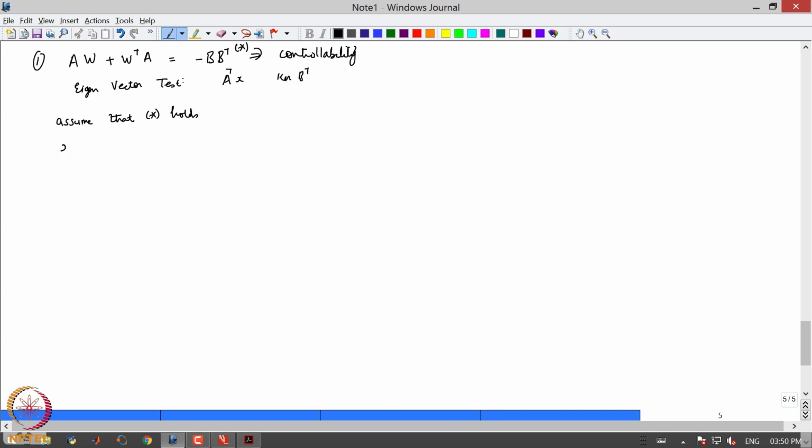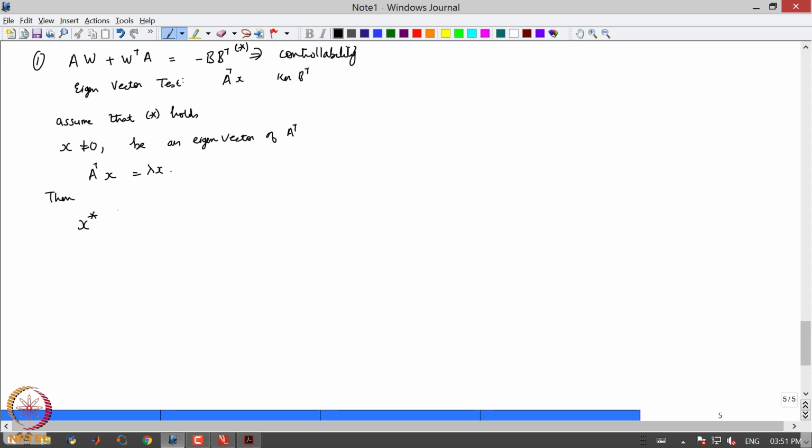Now let x, which is not equal to 0, be an eigenvector of A transpose which is associated with eigenvalue lambda, which means A transpose x is lambda x. Then I just do this little pre and post multiplication.